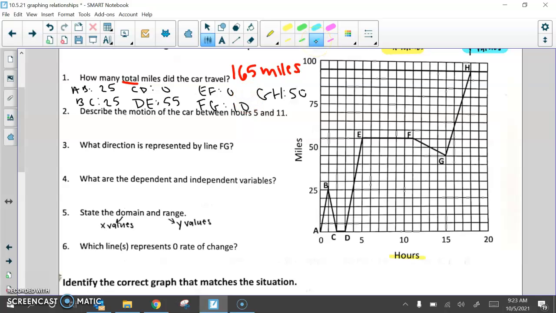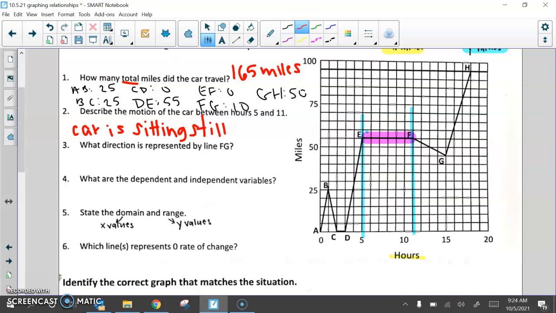So our 5 is E, our 11 is F. So I need to know what happened right there between E and F. So it's not going up and it's not going down, which means the miles haven't changed at all, which means the car is sitting still.